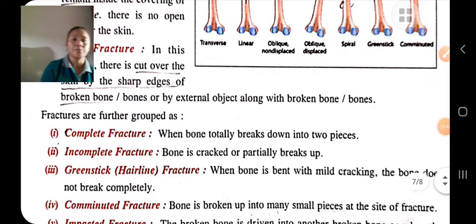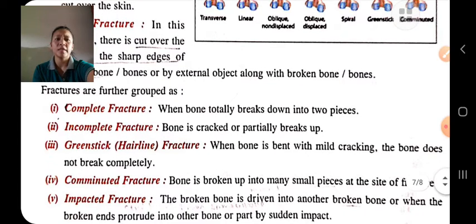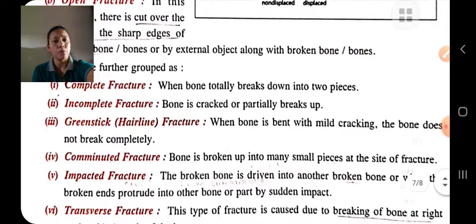Complete fractures means the bones break completely into two pieces. Incomplete fractures means there is only cracking or partial breaking of bones.